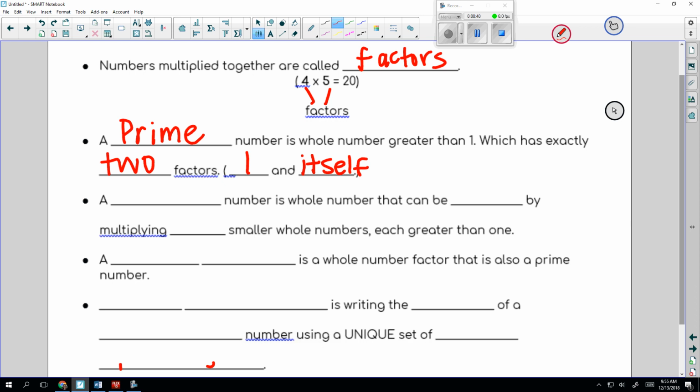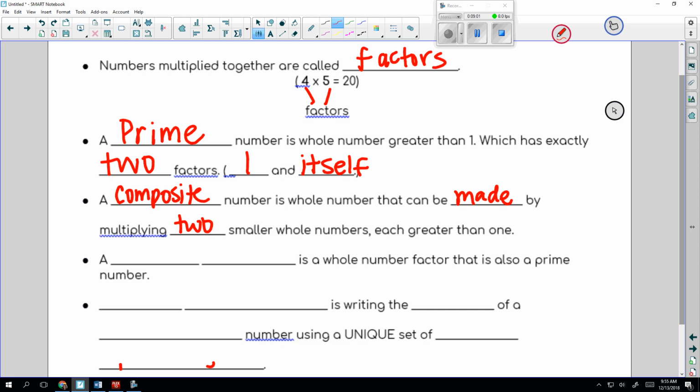Yeah? Okay. What do we call the other type of number that has more than 2 factors? Yep, that's a composite number. Okay, a composite number is a whole number that can be made by multiplying 2 smaller whole numbers, each greater than 1.